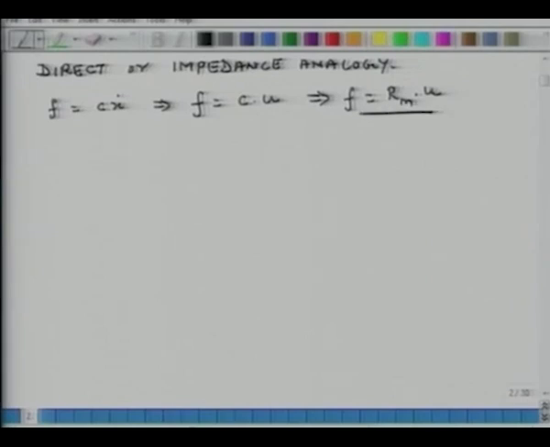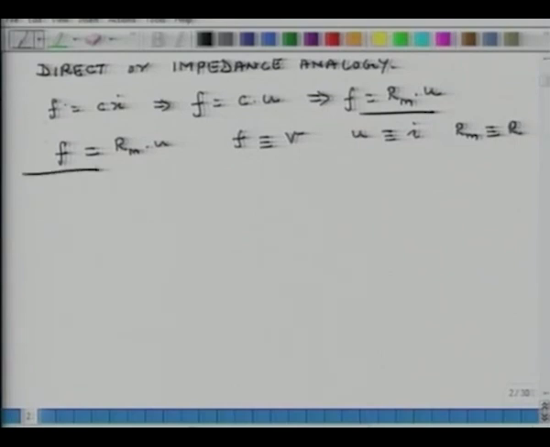From this I can say force equals Rm times u. And if I say that force is similar to voltage, u is similar to current, and my element variable, Rm or damping coefficient, is similar to electrical resistance. So, this is for the dashpot.